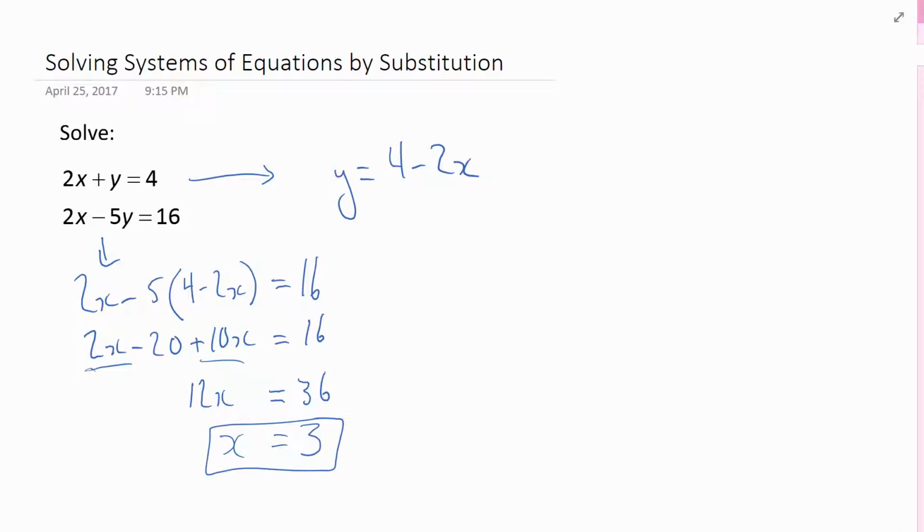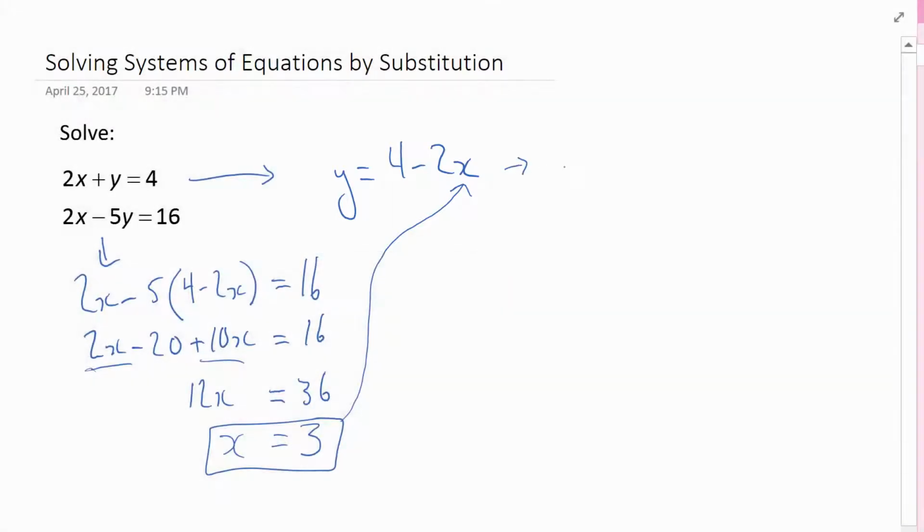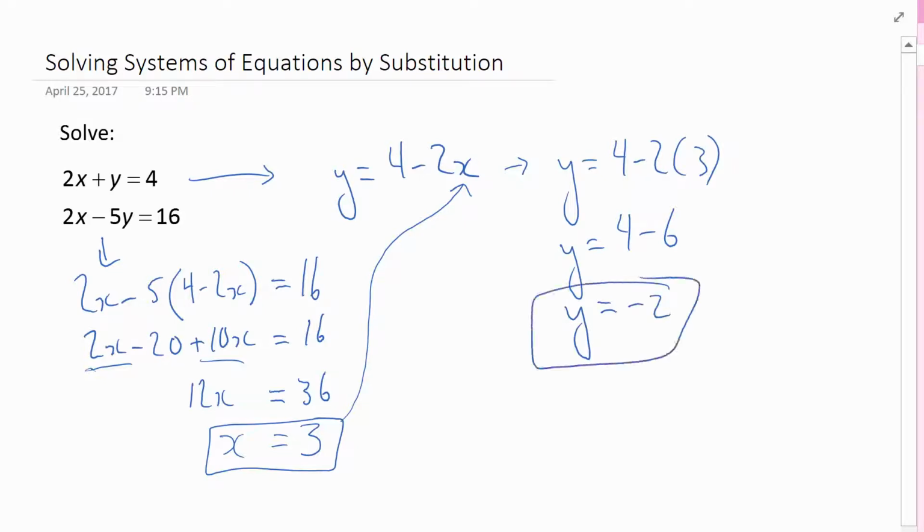What we want to do now is find the corresponding y value. How do we do that? One more step of substitution, because if y is equal to 4 minus 2x, let's let x equal 3. That would give us y is equal to 4 minus 2 times 3, which would give us y is equal to 4 minus 6. So in other words, y equals negative 2.